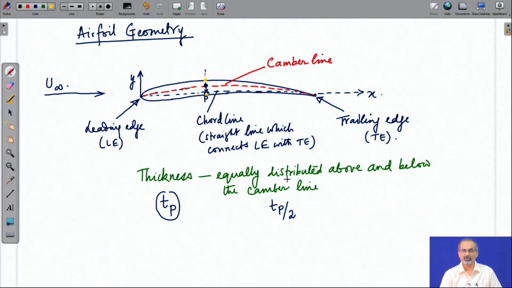That is the concept of equally distributing the thickness above and below the camber line.